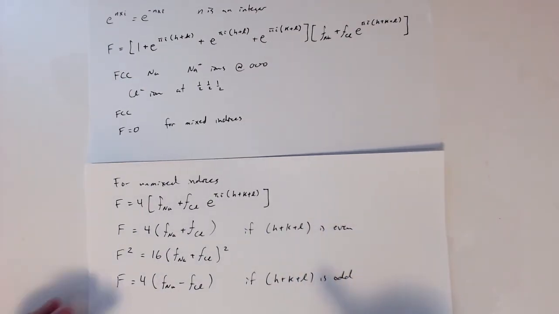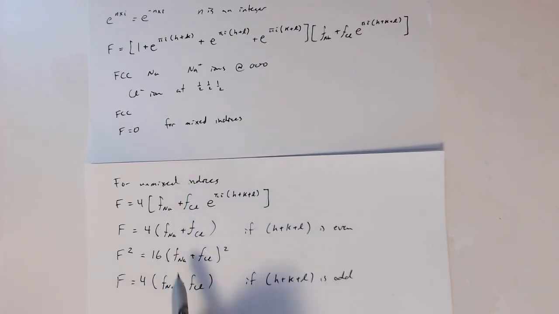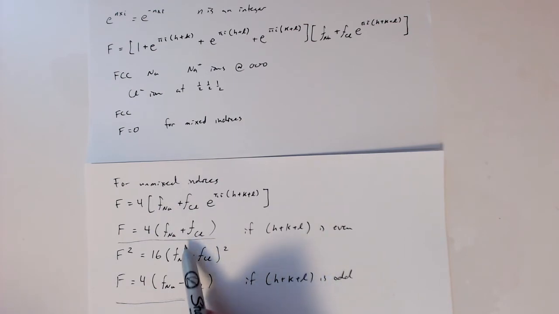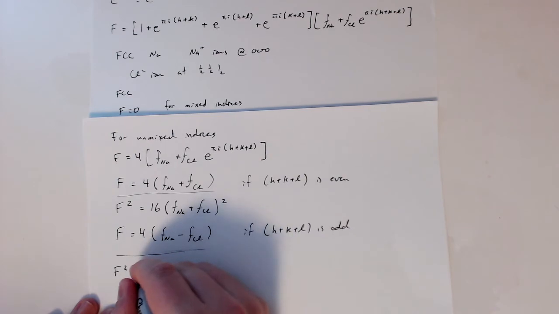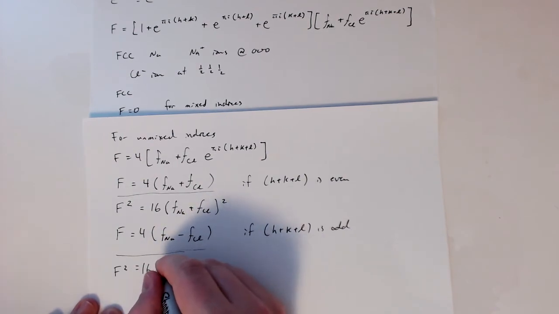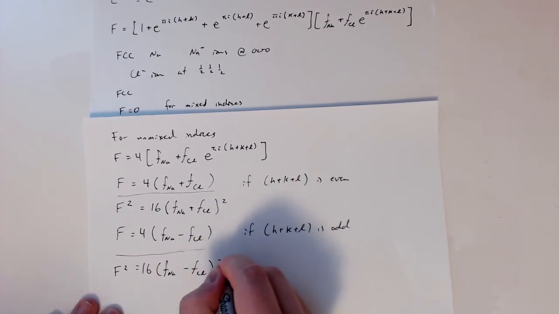So this is what separates sodium chloride from FCC: for those unmixed indices, in FCC they're all the same, but here we can see that the intensity based on the structure factor is actually going to be different. When it's even, you have these added together, and then you have the subtraction when it's odd. That's the distinction that separates sodium chloride from FCC. And again, the squared version of this I'll write out real quick, and that's what you get.